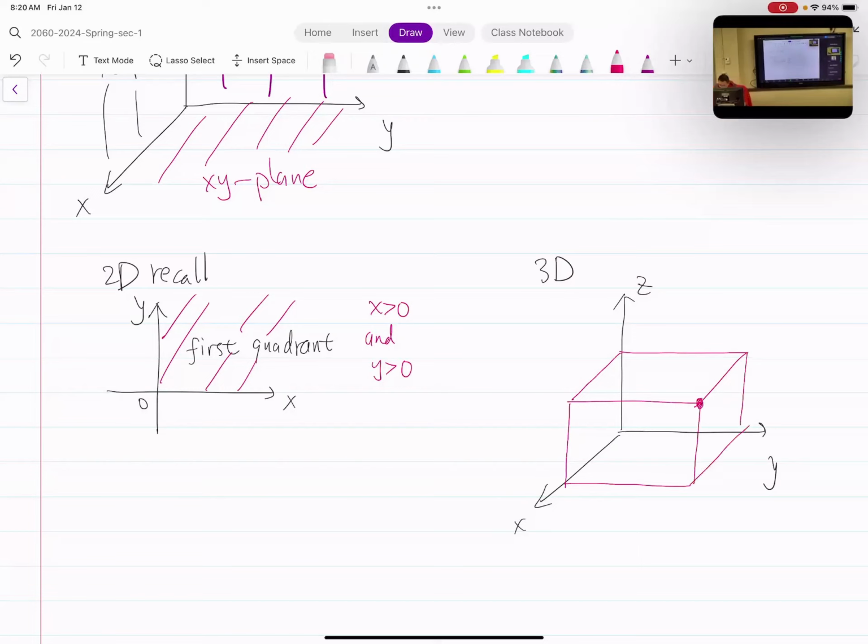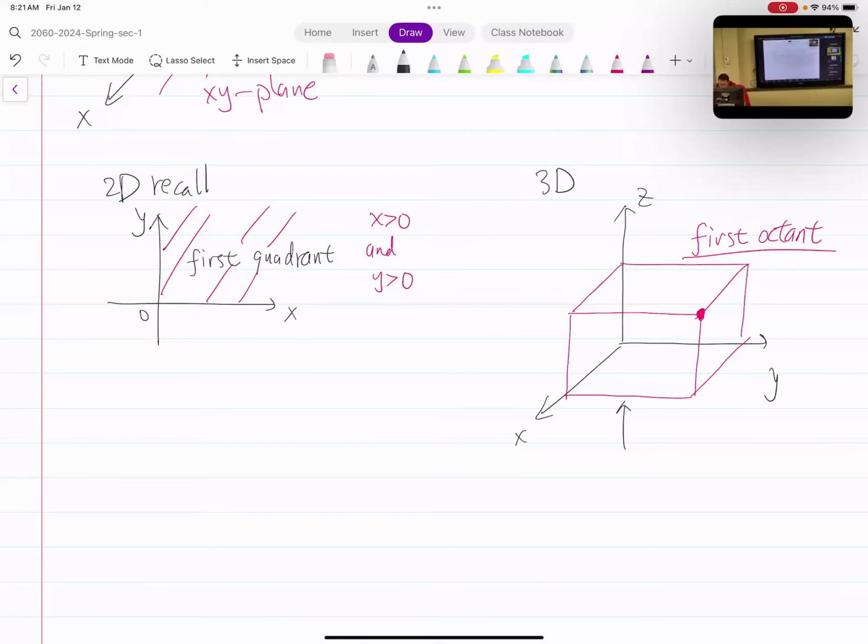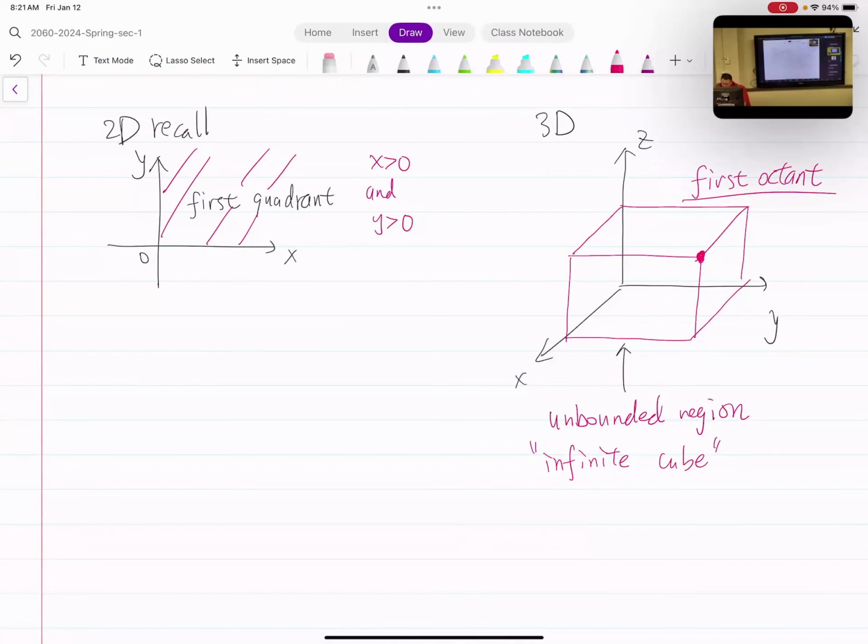It's an unbounded region, kind of like an infinite cube. And of course, there will be other octants, but usually we just care about the first.